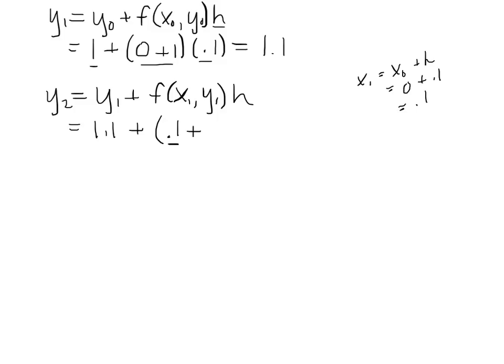Then I'm going to go plus my y value, and it has to be y1 in this case, so I'm going to plug 1.1 in. Multiply it by your change in x, which is 0.1. And this gives me, once I simplify it all down, 1.22.